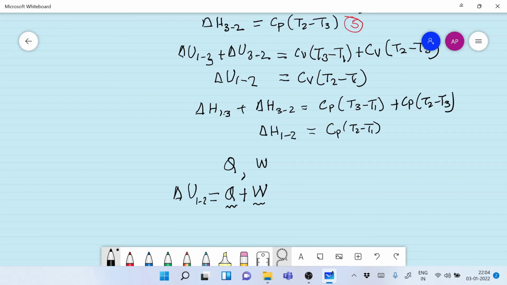It's an arbitrary process. The path which it follows cannot mathematically be written. Therefore, it is impossible to calculate the integrals for Q and W. But we can definitely say that the sum of heat and work will be equal to delta U 1 2.